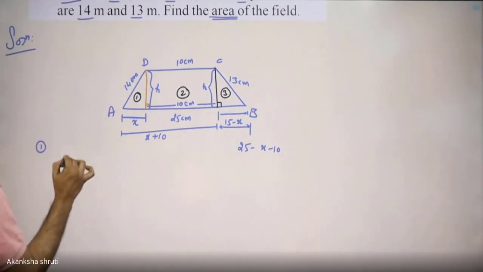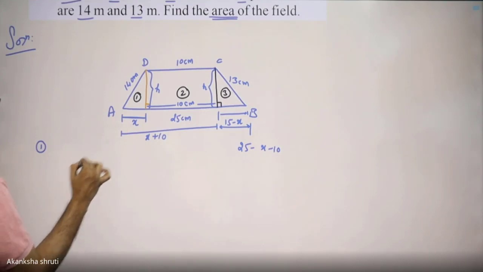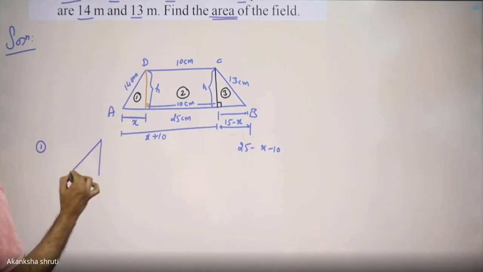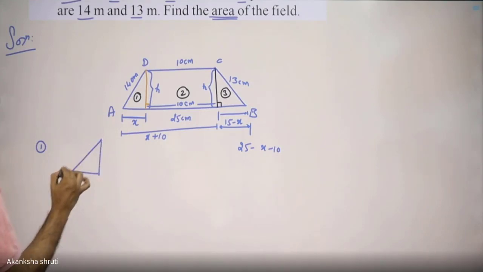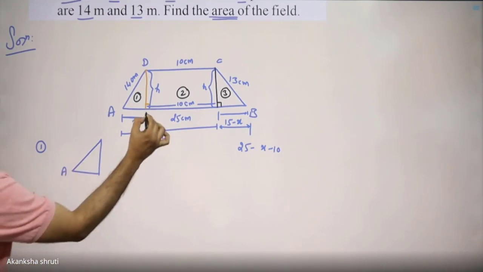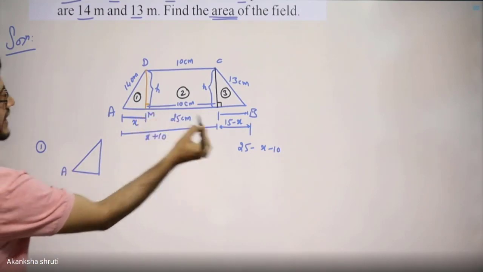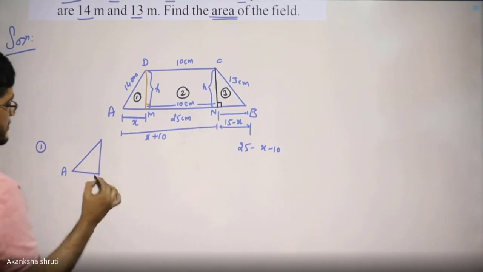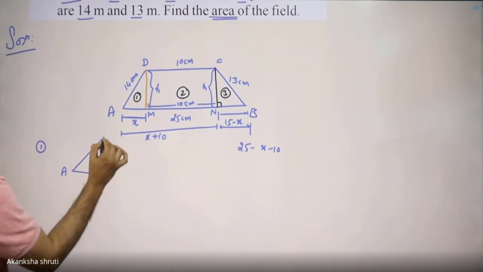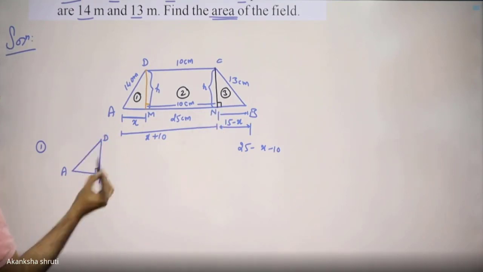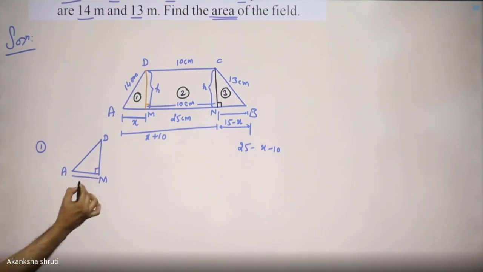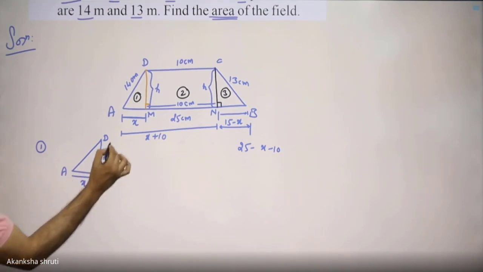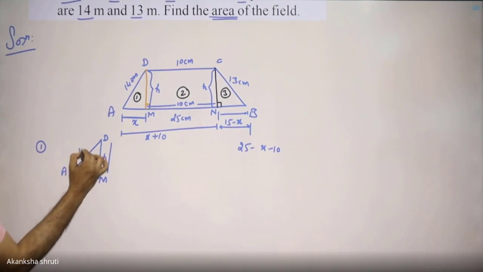In triangle 1, what can we write, students? Let me draw this triangle. Our triangle 1 is A, consider this point as M and this point as N. In triangle AMD, this angle is 90 degrees. This is our x, this is our h, and this is our 14.